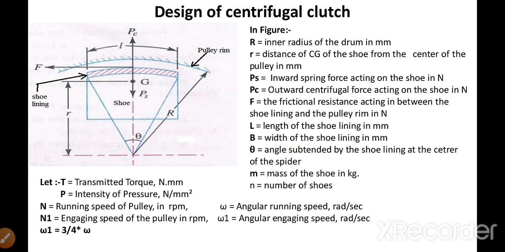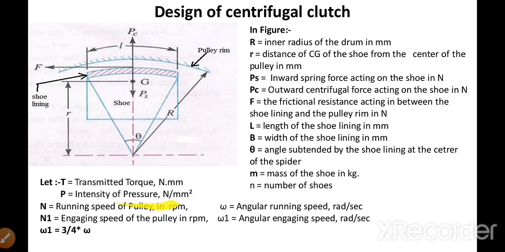Theta is the angle subtended by the shoe lining at the center of the spider. Let m be the mass of the shoe and n the number of shoes. In this figure there are 4 shoes, but we are assuming there are n number of shoes. Now let T be the torque transmitted in N-mm, and let P be the intensity of pressure between the shoe lining and the pulley rim.